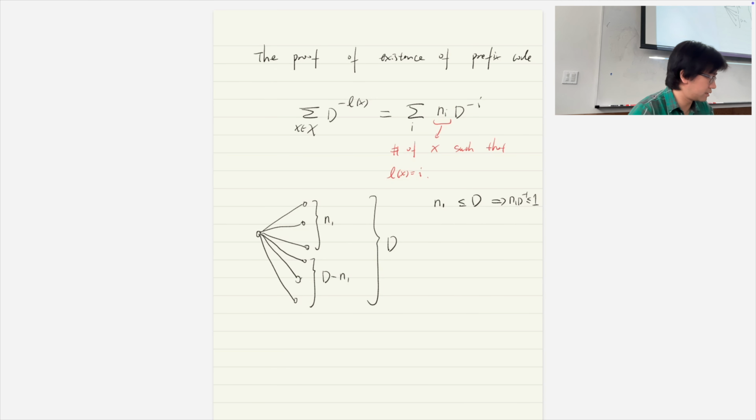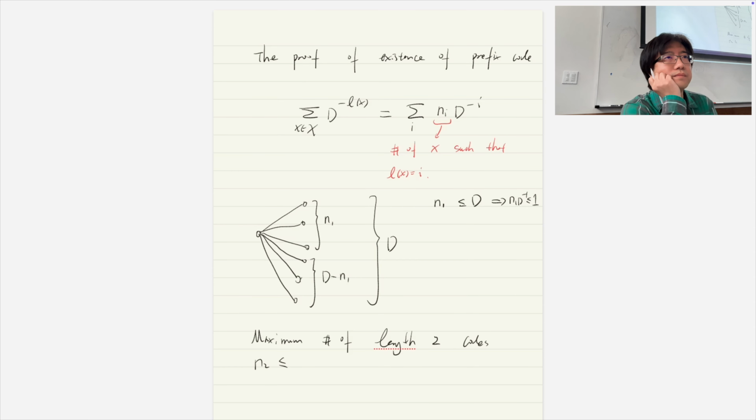So now let's consider the length 2 codes. Can you tell me what is the maximum number of length 2 codes, n2?